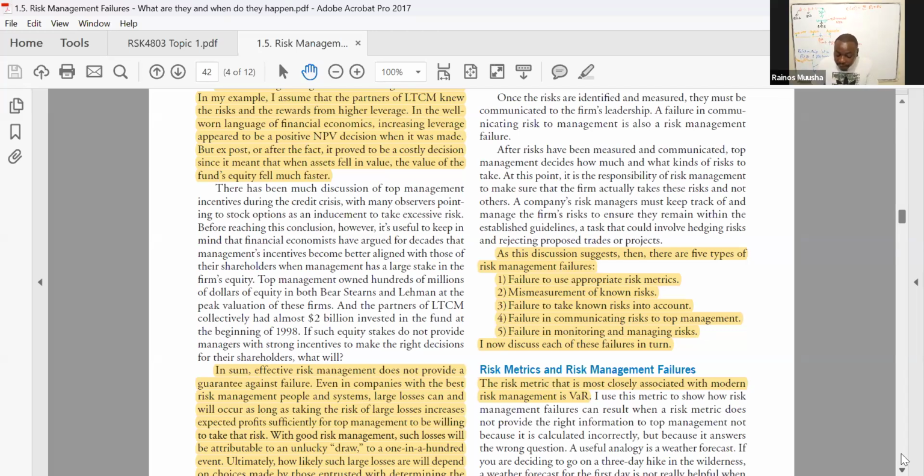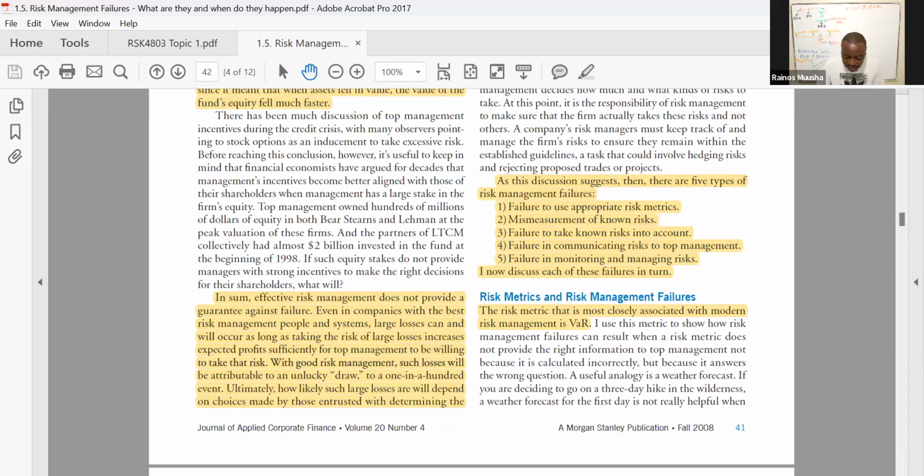The first one, failure to use appropriate risk metrics, which we are going to discuss in detail. The second one, mismeasurement of known risks. The third one, failure to take known risk into account. Fourth, failure in communicating risk to top management. And the fifth one, failure in monitoring and managing risk. I will now discuss each of these failures in turn.